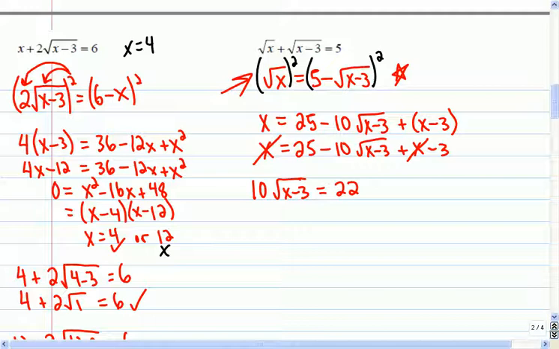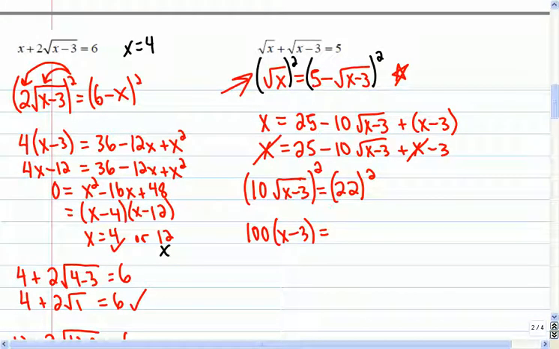So now I can do the same thing that we had been doing in the previous one, which was to square both sides. And I'll get 100 times x minus 3. Now, I don't happen to have someone with a calculator do 22 squared for me. 484. Thank you. 484. Okay, so let's see here. 100x minus 300 equals 484.